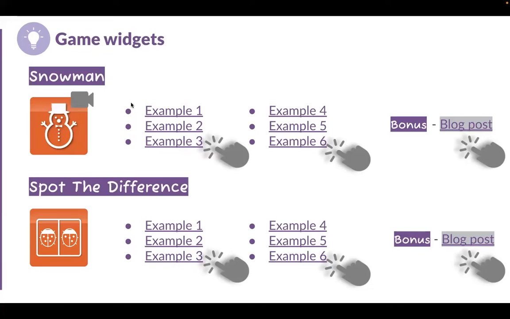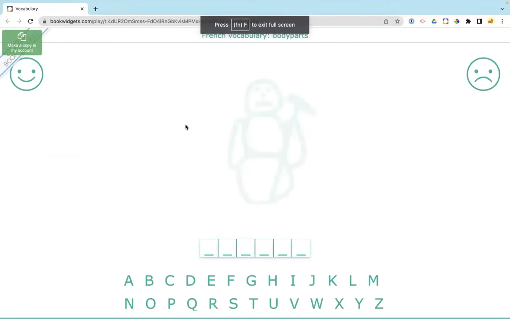All right, Snowman is a variation of a very classic game. We do have live monitoring with the Snowman. So let's take a look at an example. As that classic game, you will try to guess what the word is. French body parts.